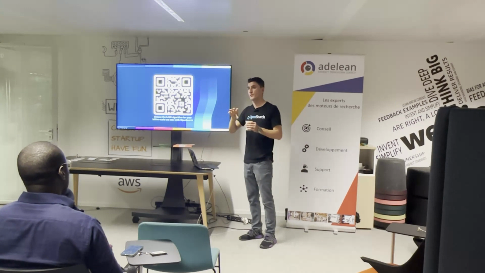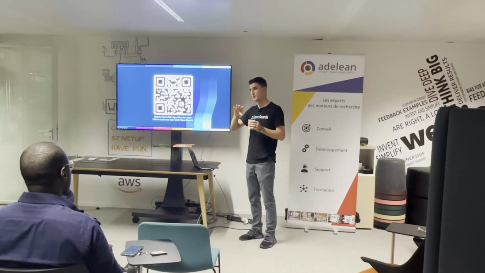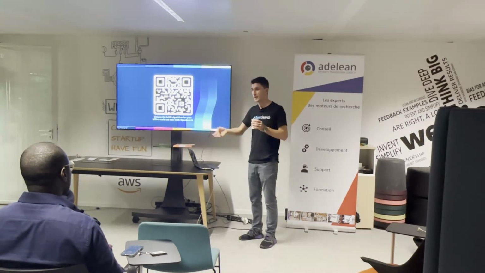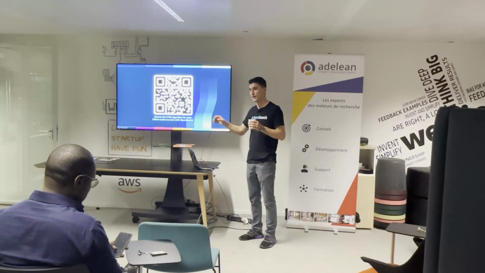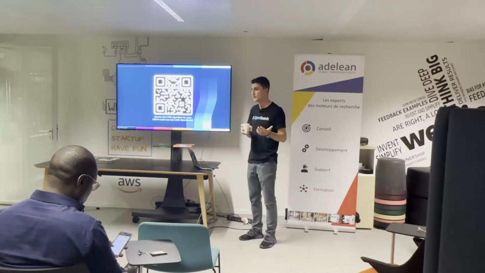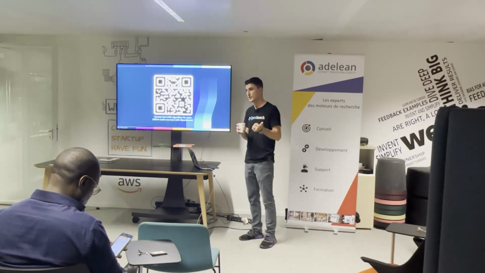For BM25 search or traditional keyword search, it manages Lucene shards. For vector search, it uses FAISS and NMSLIB, and it manages the scaling and distribution of those indexes. So OpenSearch does traditional search, vector search, and semantic search, it does all of these things.